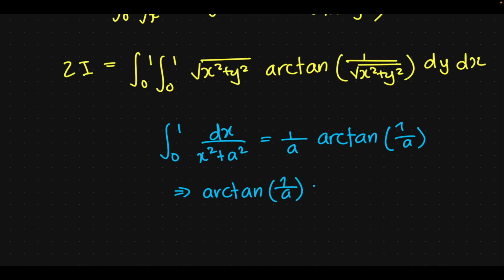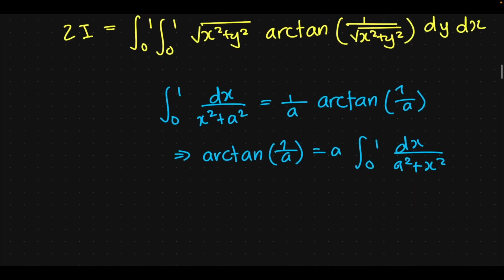Which means 1 over a arctan of 1 over a is a times the integral from 0 to 1 of dx over a squared plus x squared.